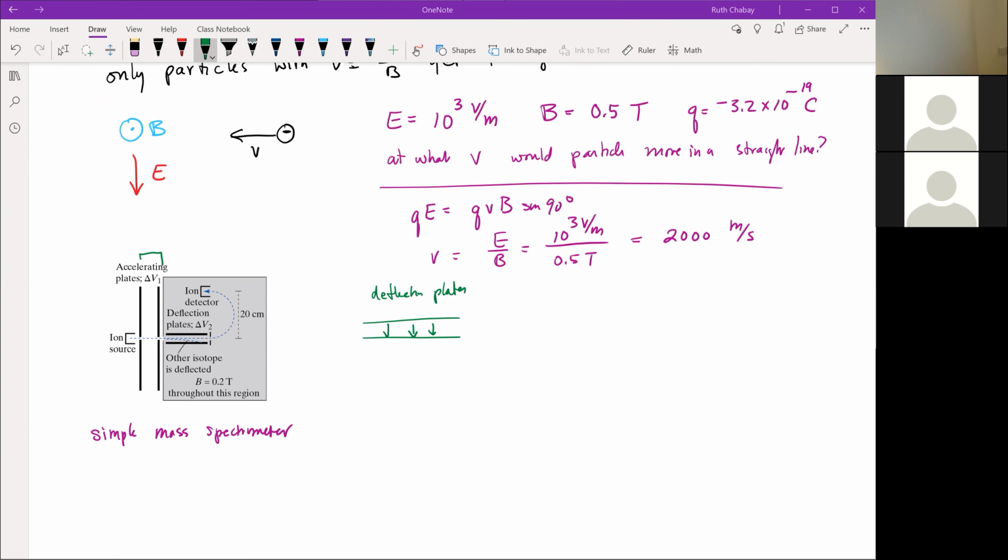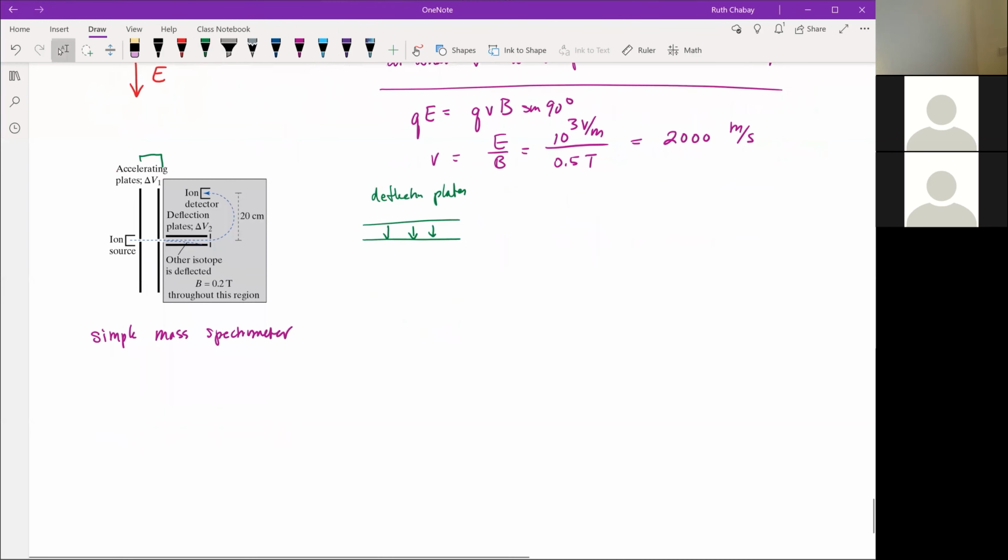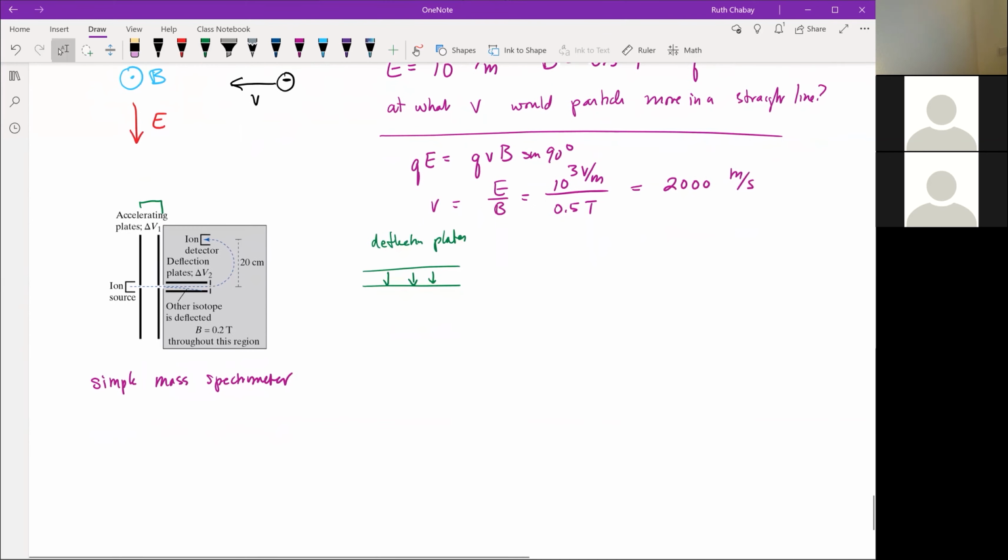Quadrupole magnetic fields are used to actually focus particles, and this is true in accelerators too. So what's a quadrupole? Well, we know what a dipole is.